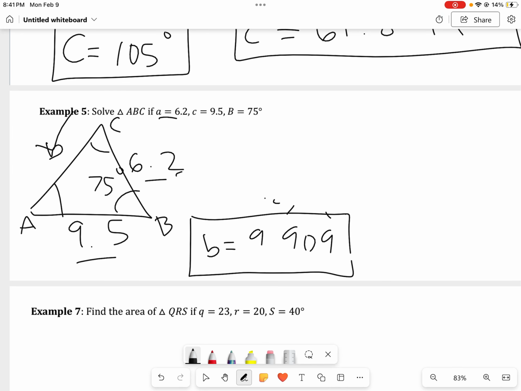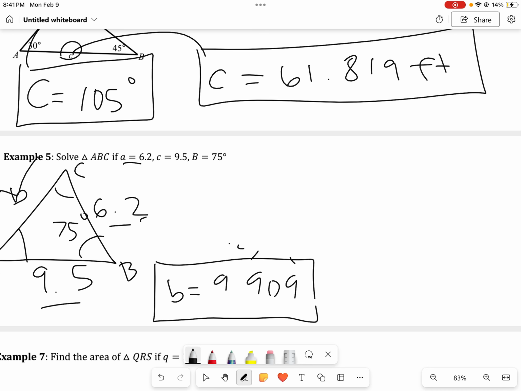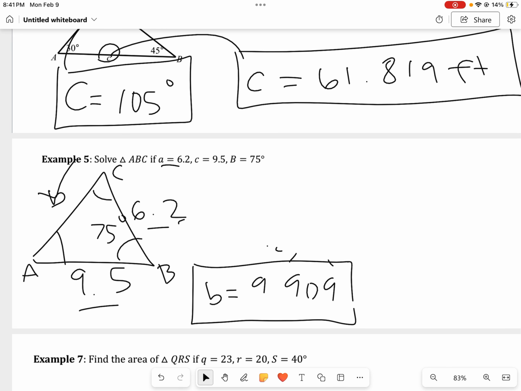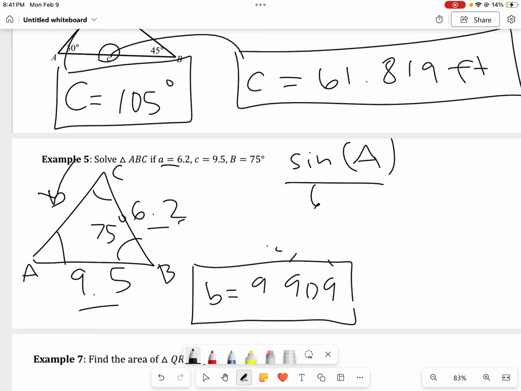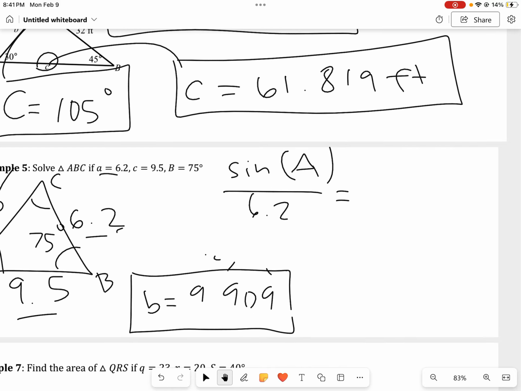So since we already have this side length, we can just go back to the law of sines, right? And that tells us that sine of A, which is what we're solving for, over side length A, which is 6.2, is proportionate to sine of B, which we know is 75.